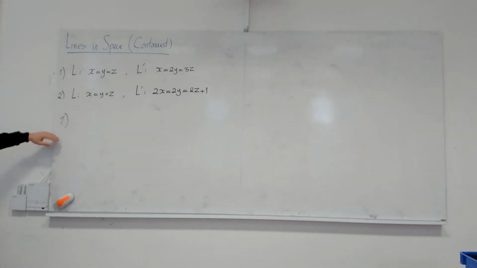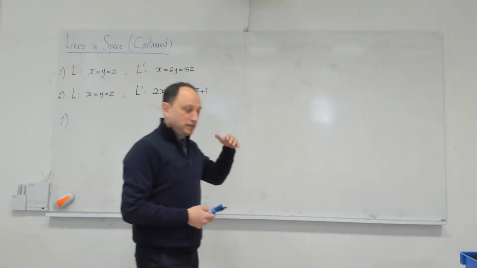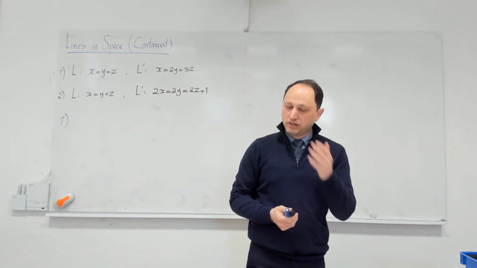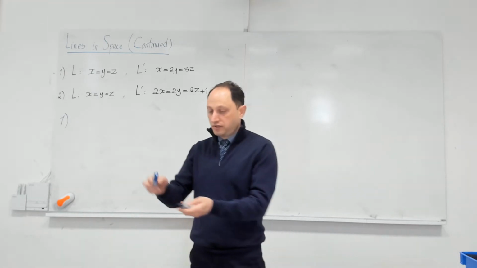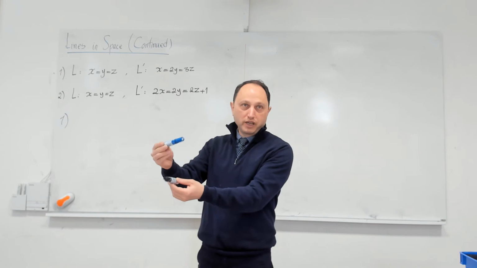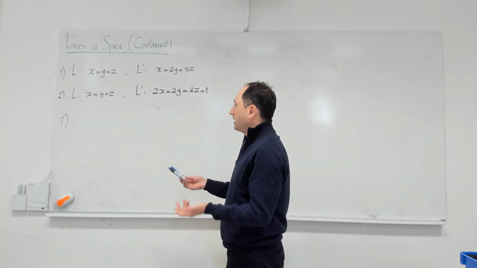If I'm asking to write an equation for the plane that contains L and L prime, the responsibility is on me that these two lines shouldn't be skew. Skew lines, yes, because if they are skew, then there is no hope, there is no plane containing both of them. So when I'm asking you this question, apparently this is not the case.